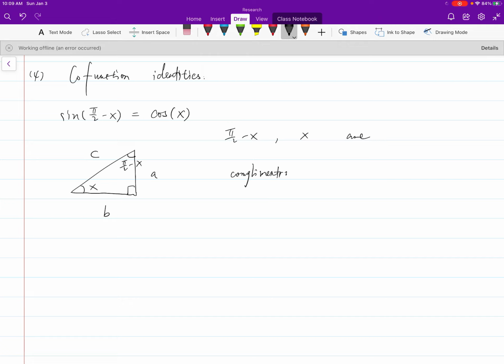So pi over 2 minus x and x are complementary angles, which means they are basically in the same right triangle, except one is on the left, one is on the right, or one is on the bottom, one is on the top. They form the same right triangle. Therefore, your opposite is actually my adjacent, and your adjacent is my opposite.